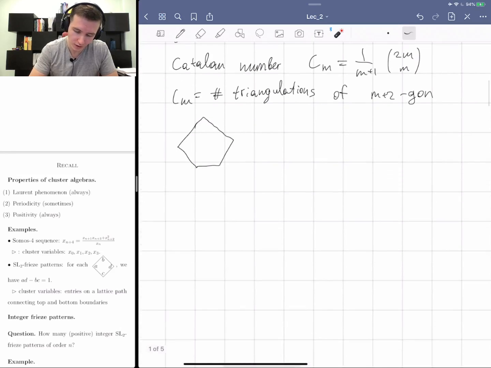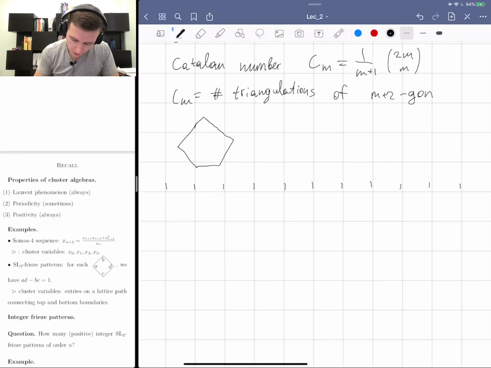Let me give you an example where there is no cluster of ones. I think I have to take n equals 6. If I put 1, 1, 1, 1, 1, 1, 1, and then I can choose 1, 3, 1, 3, 1, 3, etc. This is going to be 2, 2, 2, 2, 2. Hopefully this works. 3, 1, 3, 1.